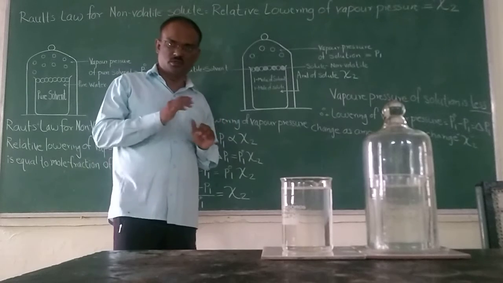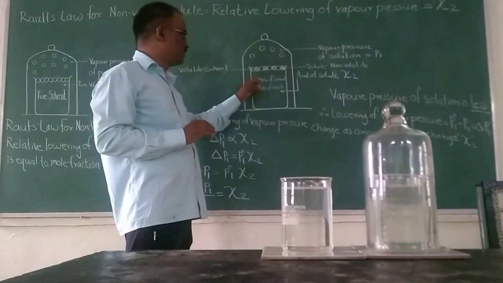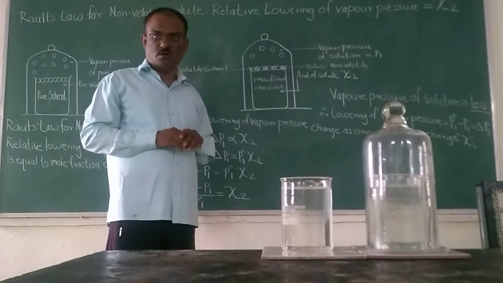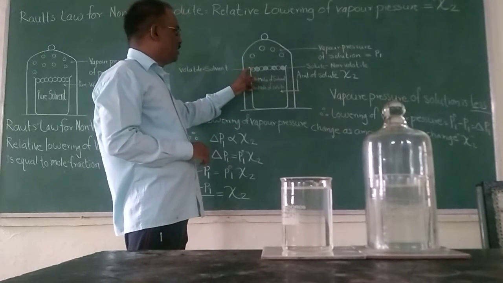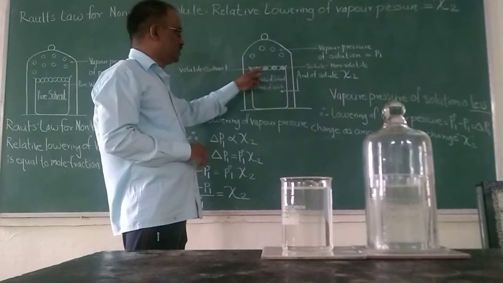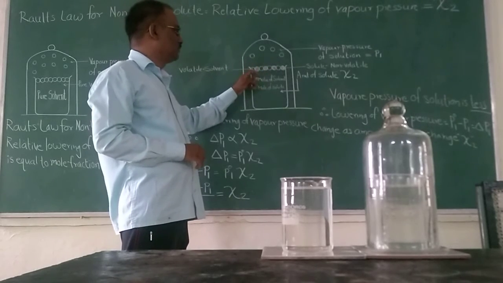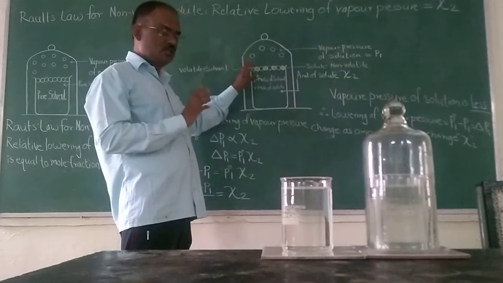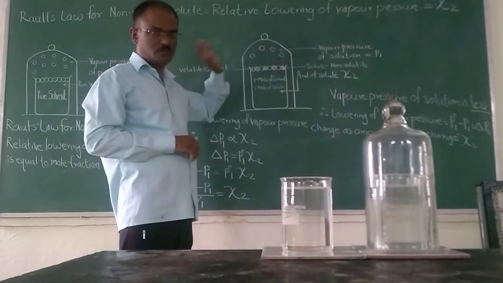So what will happen? Only the water molecules or the solvent molecules will go into the vapor state. Now how many water molecules will go into the vapor state? The molecules which are present on the surface. So how many surface water molecules are there? 1, 2, 3, 4. So these 4 water molecules will go into the vapor state.